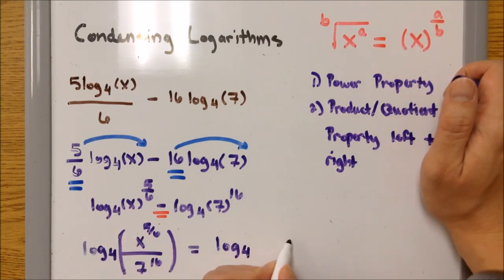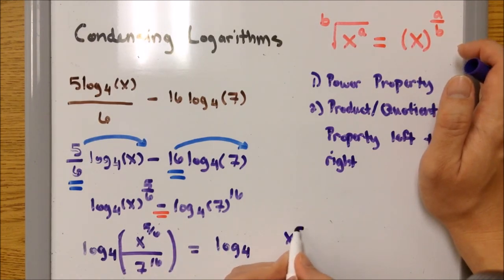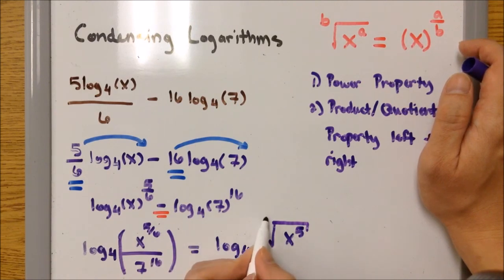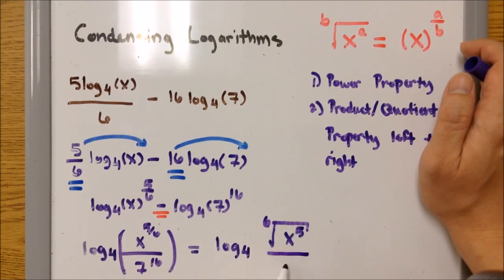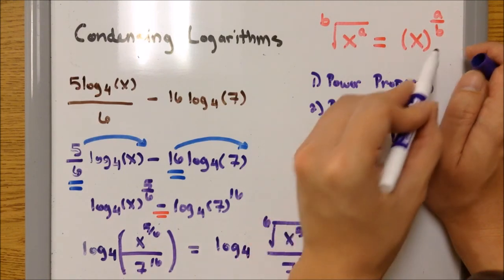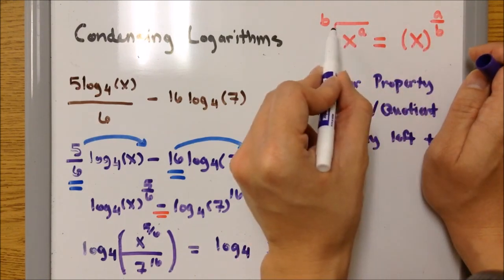So it'll be x, and the numerator is 5, so it's going to be x to the 5th, and then I'm going to write the root, and then what was our denominator will be outside the root, so the 6th root, and then over 7 to the 16th power, and then that's pretty much all we can do. There's nothing else we can do, because we just finished converting the rational exponent to a radical.